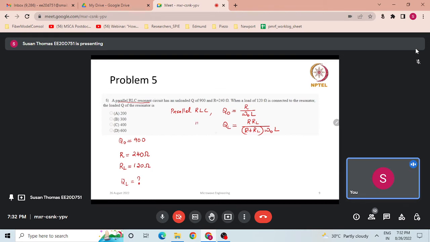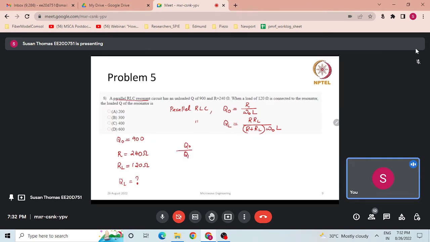In this case, take the ratio Q naught by QL. If I take the ratio, what do I get? 1 divided by RL by R plus RL, or R plus RL divided by RL, or 1 plus R by RL. Here Q naught is known to you, 900, and QL is to be found out, is equal to 1 plus R by RL.